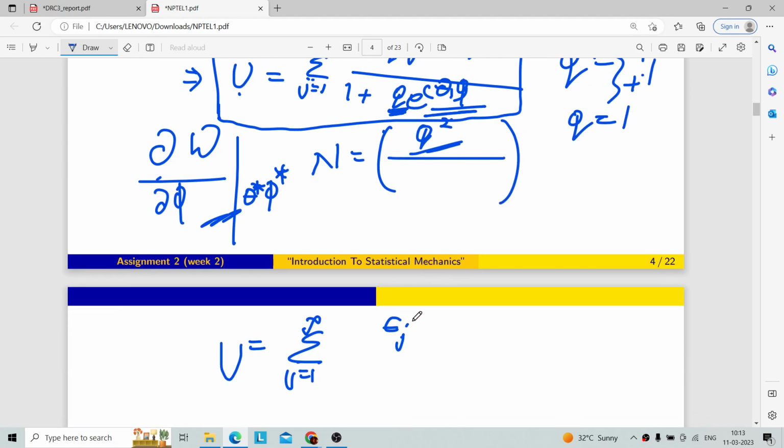So this is epsilon j, some e to the power minus of theta and phi function. So in the denominator also we will have 1 plus q, some e to the power theta and phi function, but minus i is there.